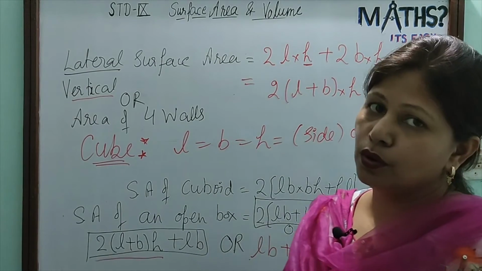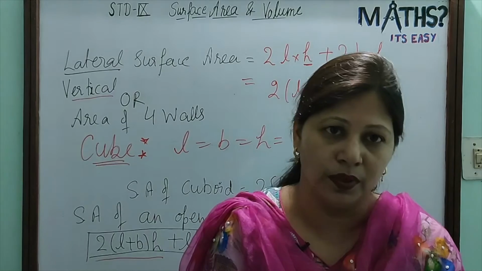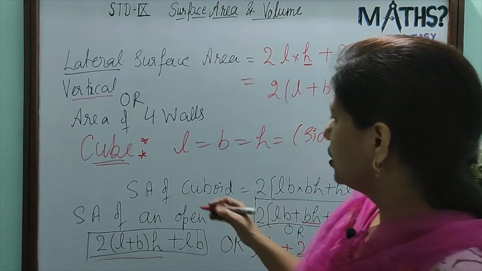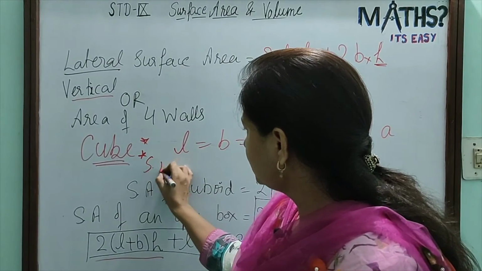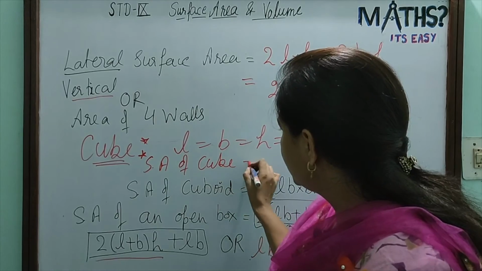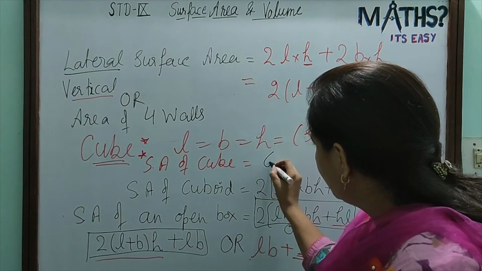Okay. So as in cuboid, in the same way in cube, the total number of surfaces in cube, these are also 6 surfaces.